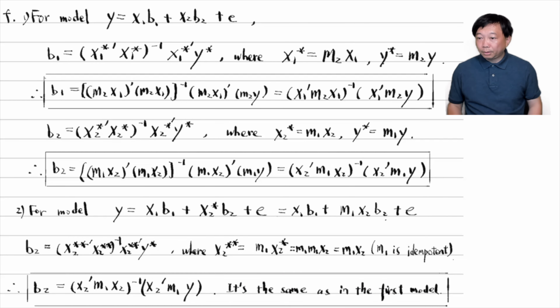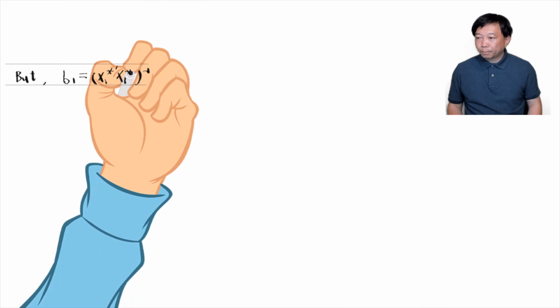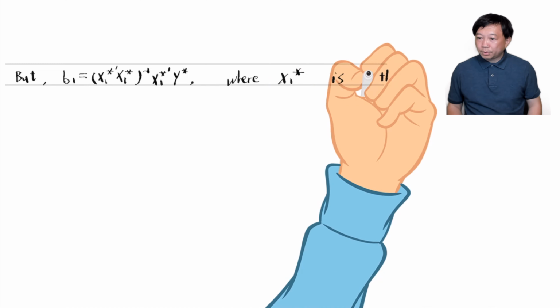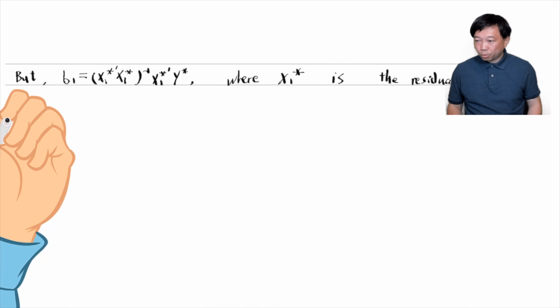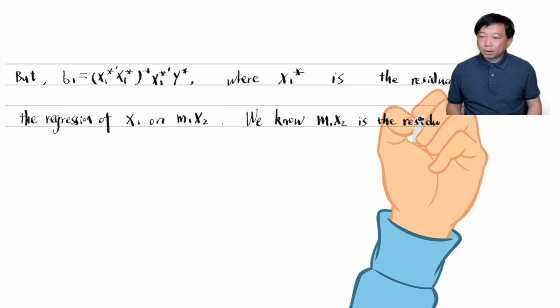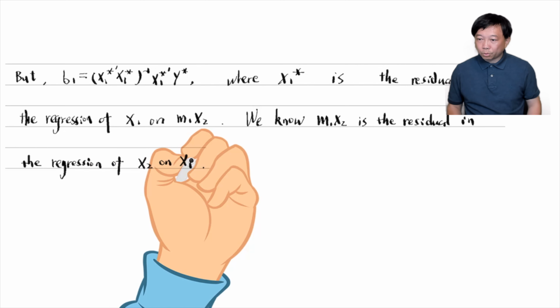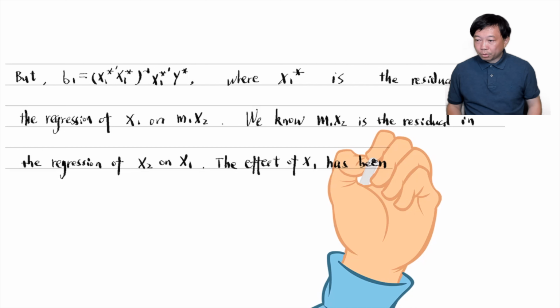However, B1 in this model does not equal the one in the first model. x1 star is the residual in the regression of x1 on m1 x2. We know that m1 x2 is the residual in the regression of x2 on x1. The effect of x1 has been partialed out.